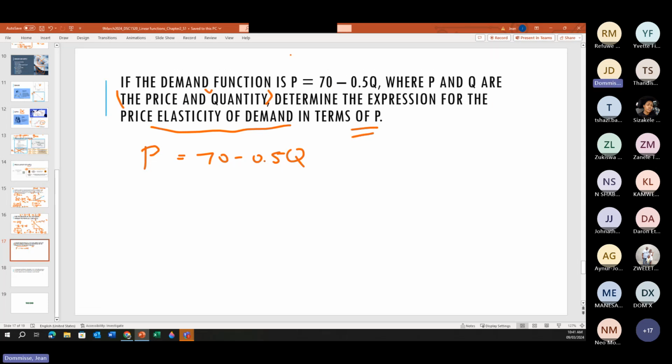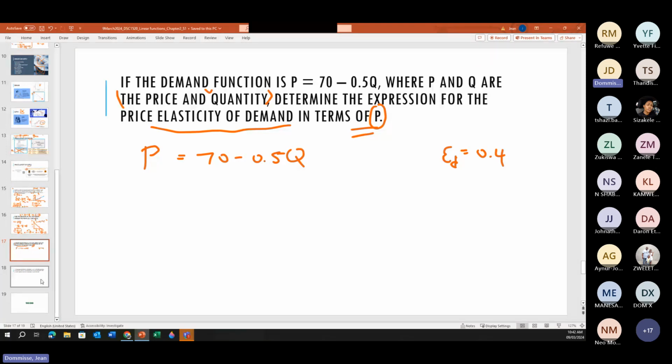Okay, so this tells me that we're not going to have a lovely elasticity of demand equal to 0.4 or something like that, because it is going to be in terms of P. So P is going to be somewhere in that equation.